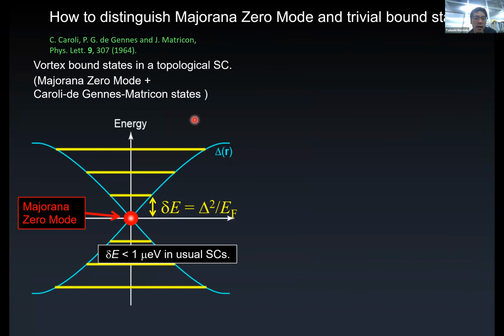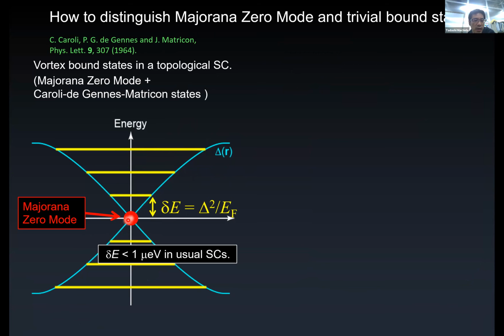This is a schematic energy diagram of the vortex bound states expected in chiral P-wave topological superconductors. Of course, we have the Majorana zero mode at exactly zero energy, as shown by these red balls.